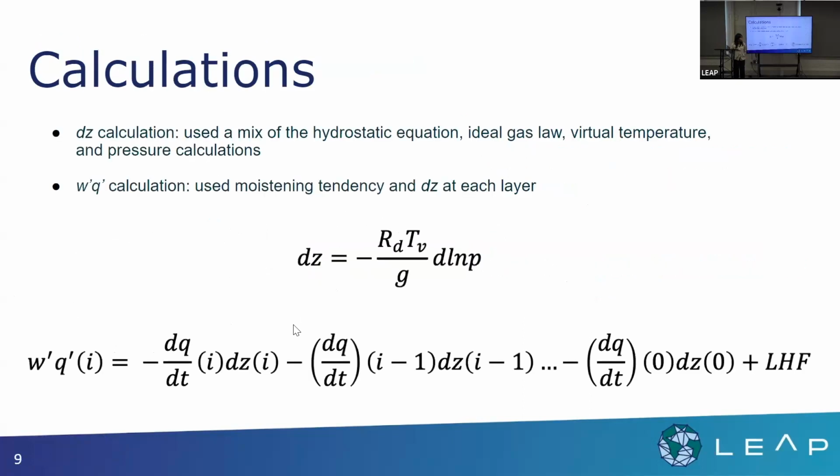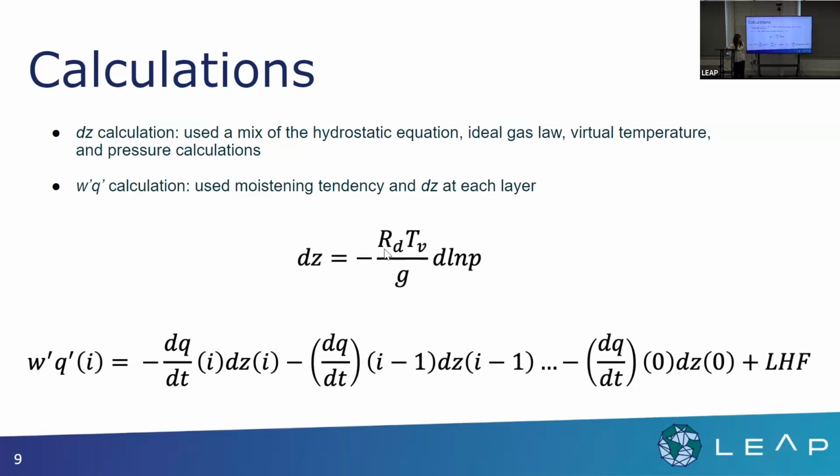But before I could do any of this, I had to do some background math, of course, because in the data set, there was actually no DZ outputted. There was no W prime Q prime, unfortunately, for my poor self. And so, with the help of you, I had to figure out how I can find this data.